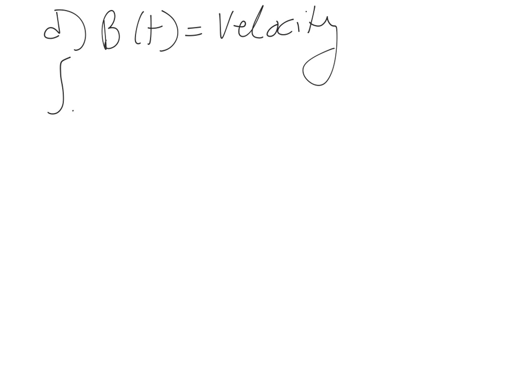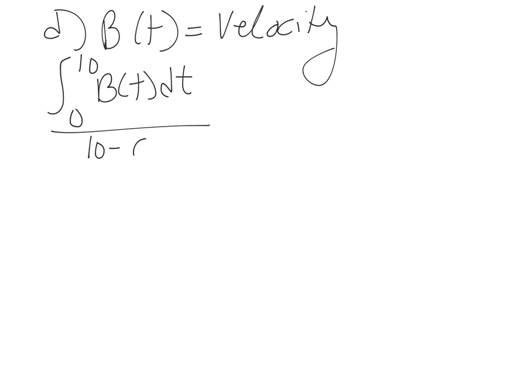So the formula from 0 to 10 of B of t dt over, now remember, this would be 10 minus 0, b minus a. So this would be from 0 to 10 of the function t cubed minus 6t squared plus 300 dt. And you can put a 1/10 out in the front if you want.